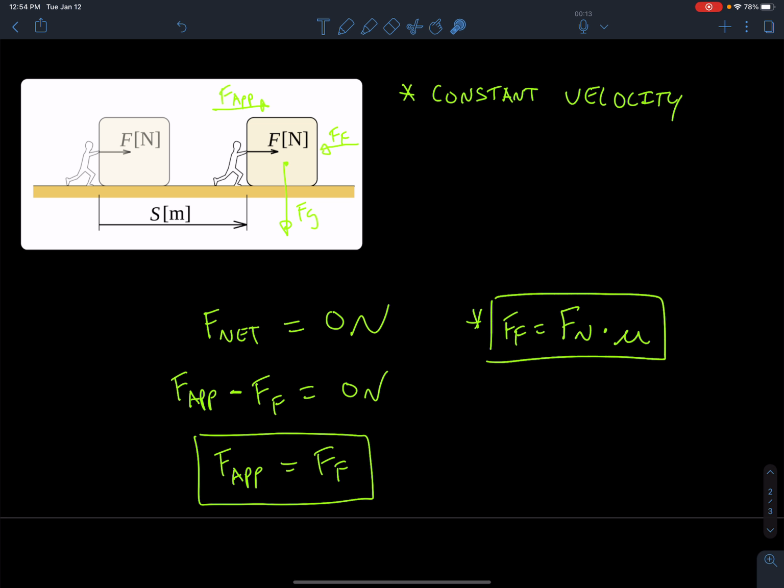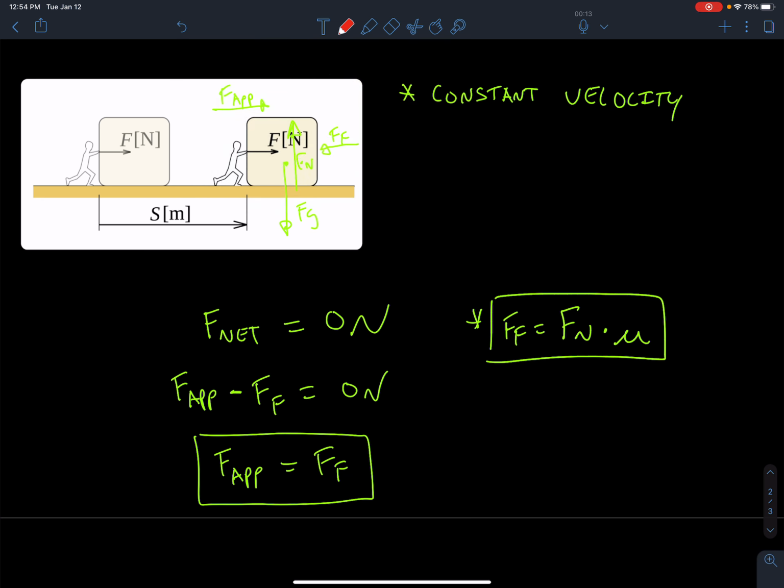And then the normal force in this case is equal to the force of gravity. Okay, so just take a step back and review friction from when we were doing those calculations. So for this person to slide that object at a constant velocity, he needs to apply the force of friction, which is going to be the force of gravity, or the normal force, times mu. So let's put some numbers in here.